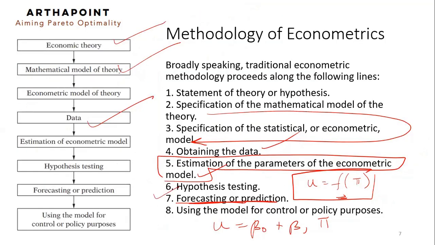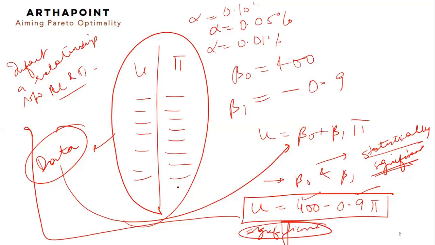What do I mean by predicting the values? By predicting the values, I mean that now if somebody is a policymaker, some government comes to me and they ask me, I want to keep inflation at 4%. What do you think will be the unemployment level?